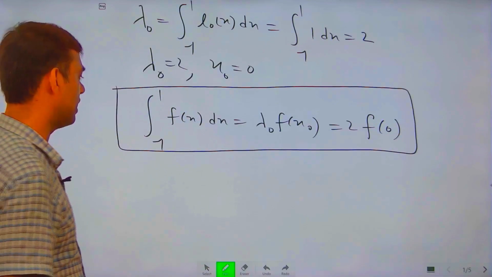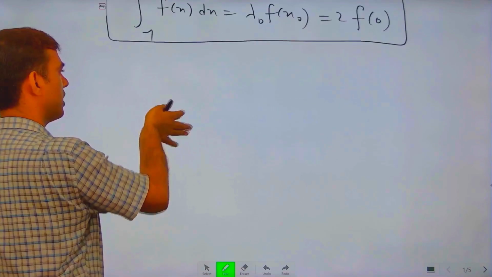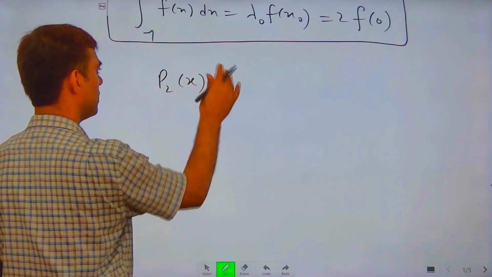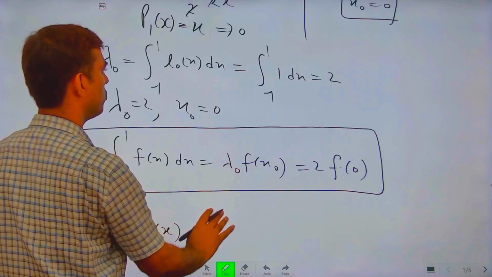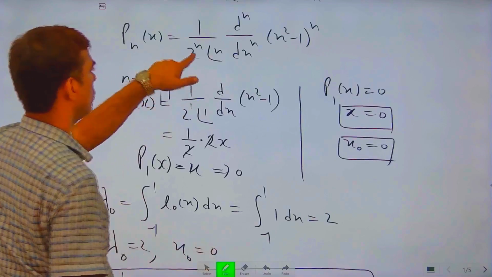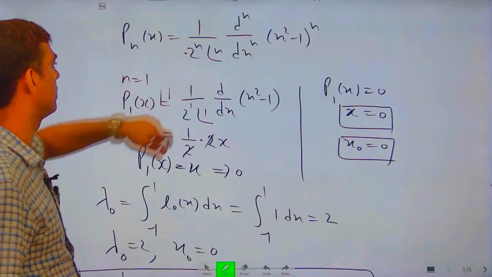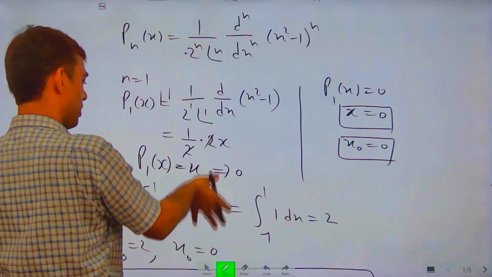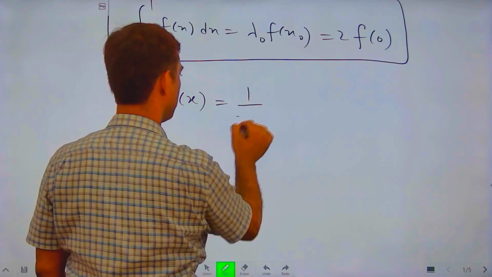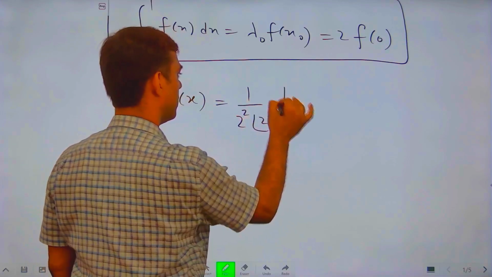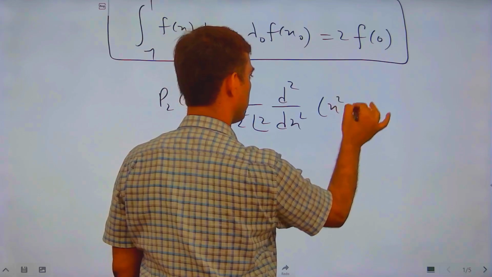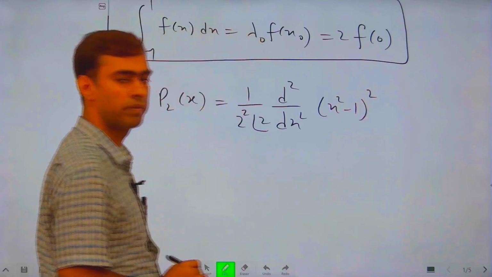In a similar manner, we are also able to find the 2 point formula by putting P2(x) equal to 0. So what is P2(x)? In the Rodrigues formula, if we put n equal to 2 and simplify, P2(x) becomes 1 upon 2 squared factorial 2, d squared upon dx squared of (x squared minus 1) whole squared.